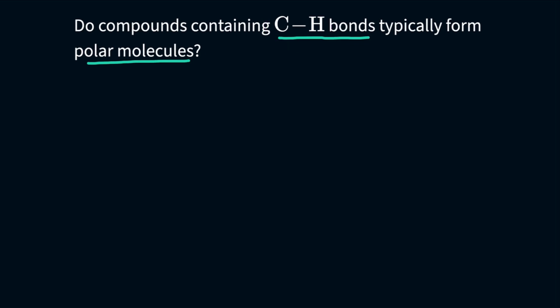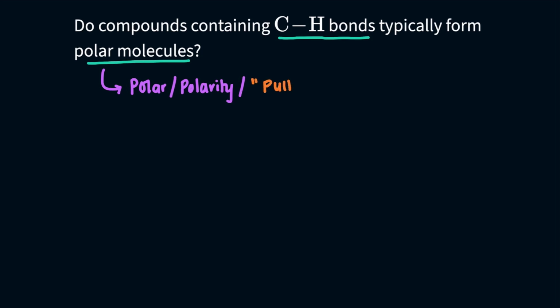Fun. But anyway, are these bonds typically polar bonds? Do they typically form polar molecules? Well, let's see. By definition, if something is polar, that means that it has polarity. So we could say polar, they might say something about polarity. But it's all these P words, right? If you have a polar bond, if you have a polar molecule, you have a pull.